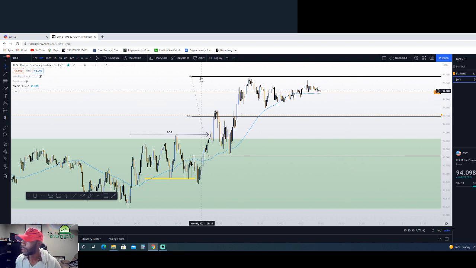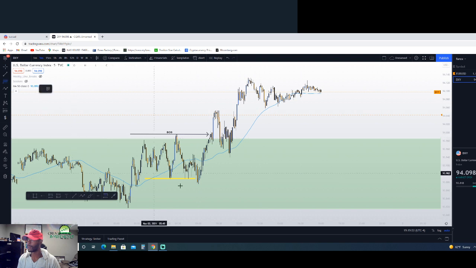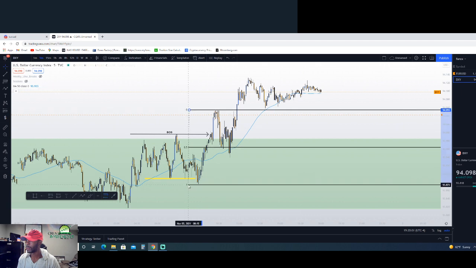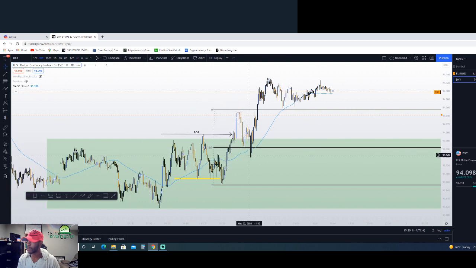But the 50% retracement I was talking about is right here, from this swing high to this swing low. And if you look at the time, 11:20.